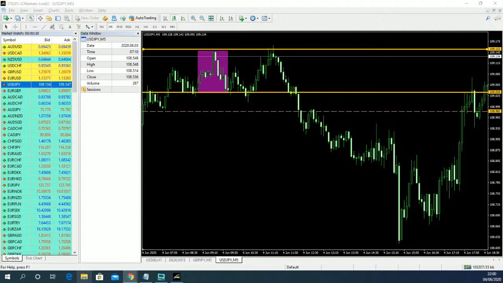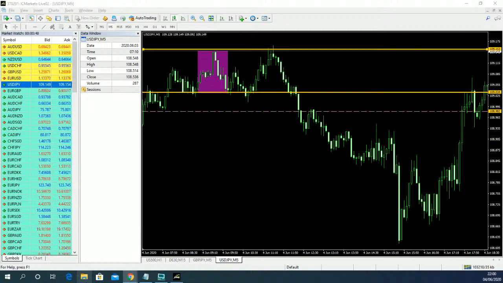Okay, who has any question? Yusuf asks how you can get the indicator. The indicator has been loaded onto the Telegram group.